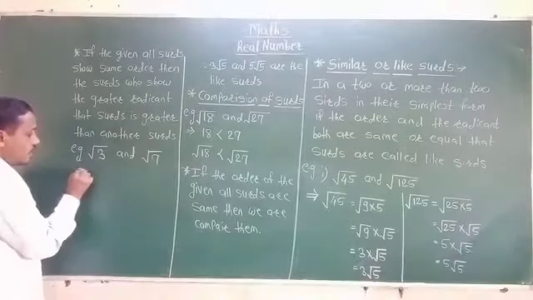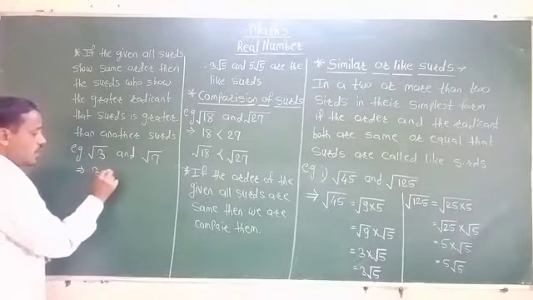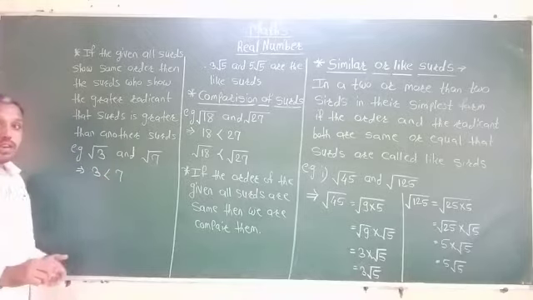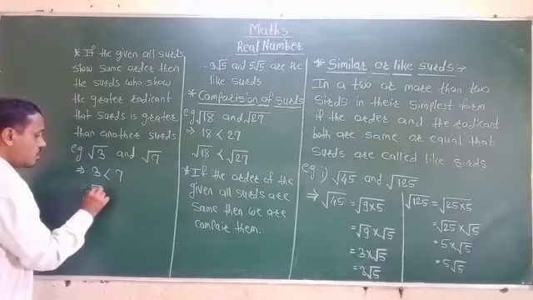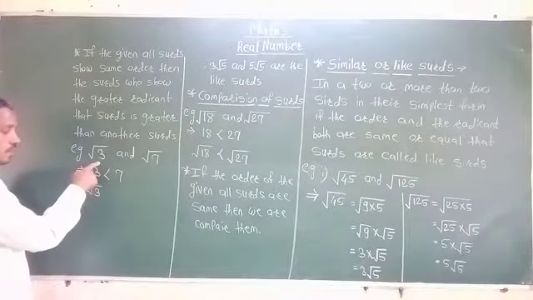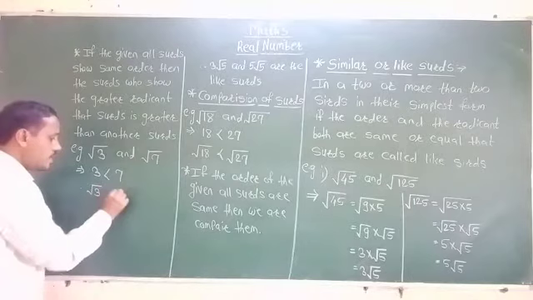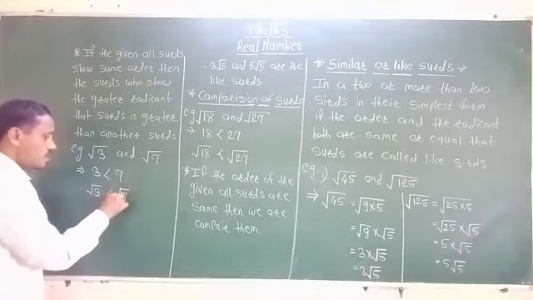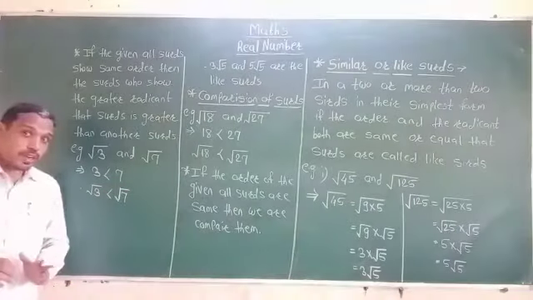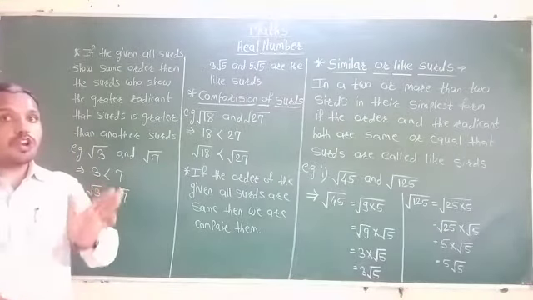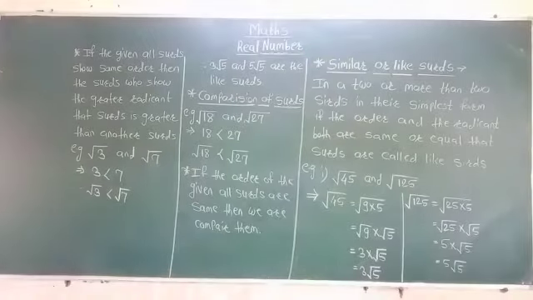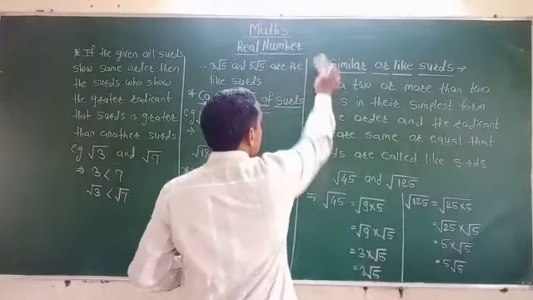Which radicand is greater? 3 is less than 7, and that is why root 3 is less than root 7.